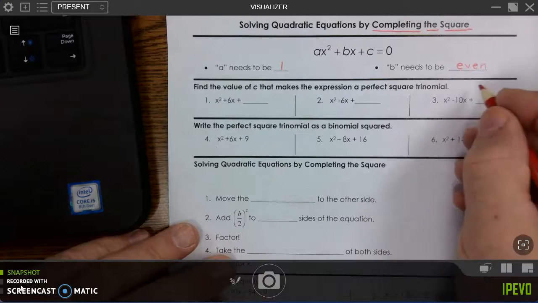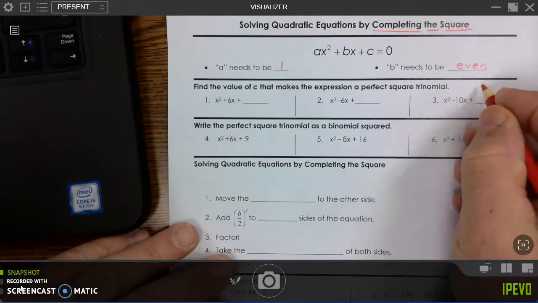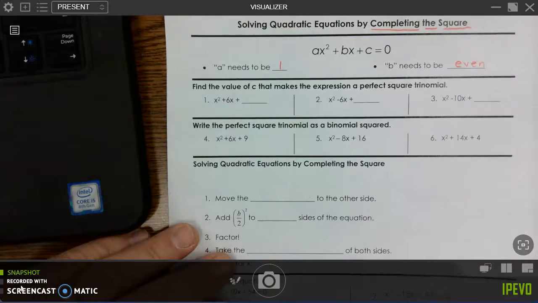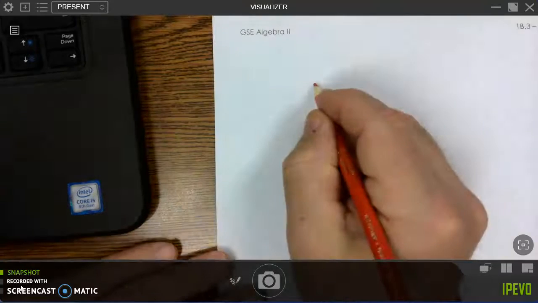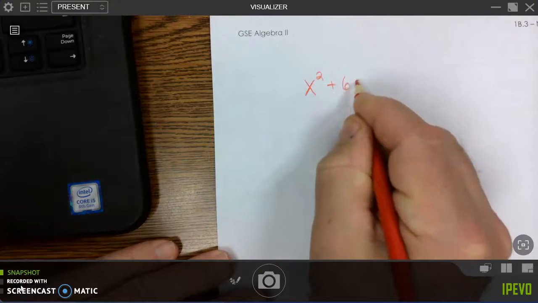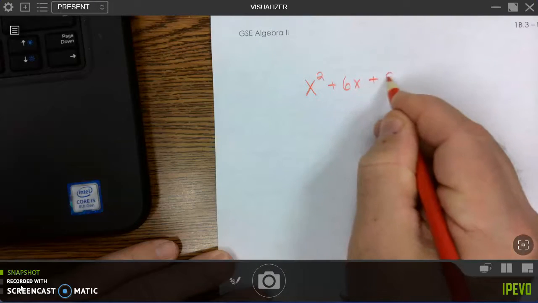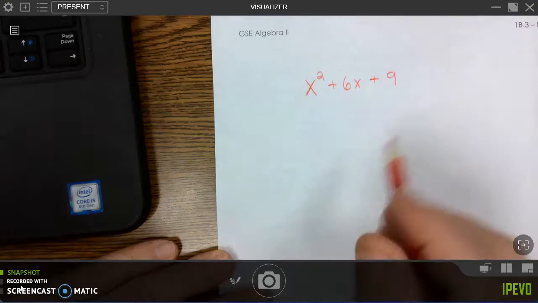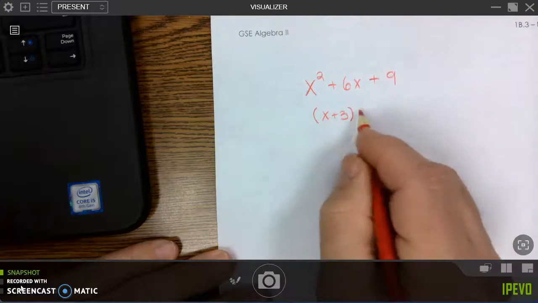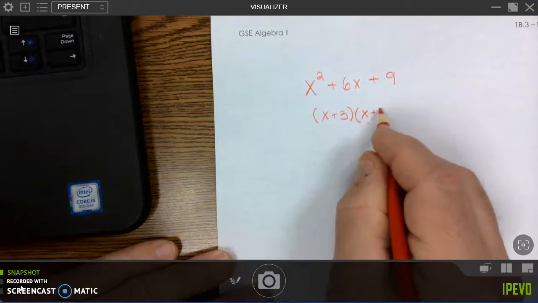A perfect square trinomial is like, I'm going to turn it over on the back to show you what a perfect square trinomial is, okay? X squared plus 6x plus 9 is a perfect square trinomial. The reason is because when you factor it, you get x plus 3 times itself.